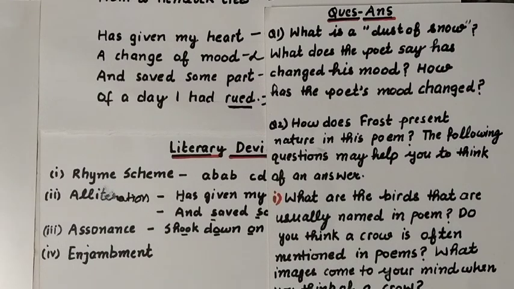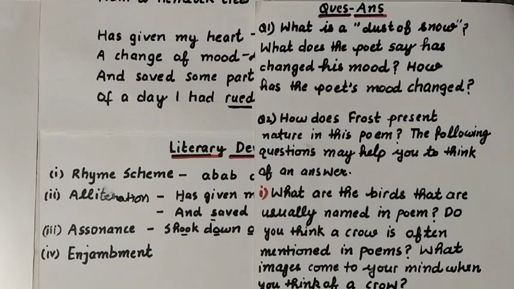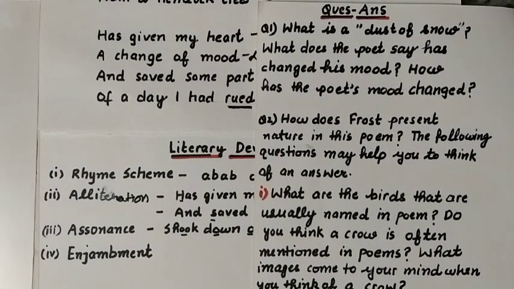Alright? So again, basically the same explanation appears to you in the form of question and answers, which have been taken during the explanation part also. I read it out to you in a complete manner. Dust of snow refers to the tiny particles of snow. The particles are so small that the poet referred to them as dust.